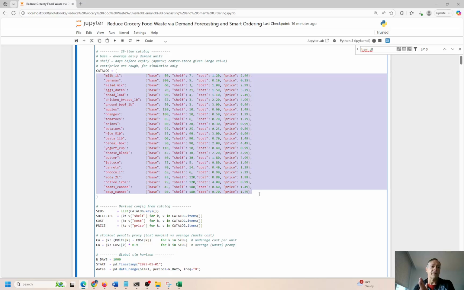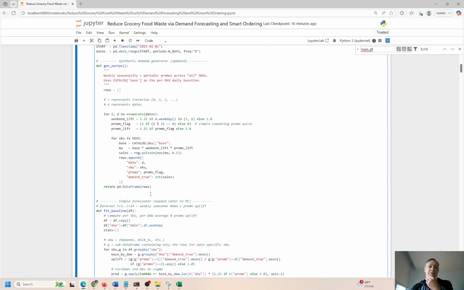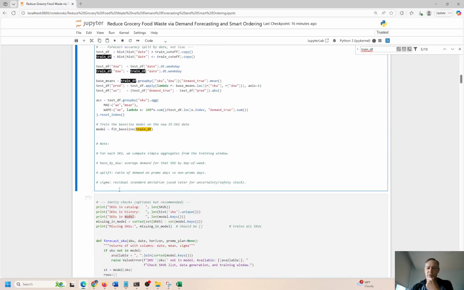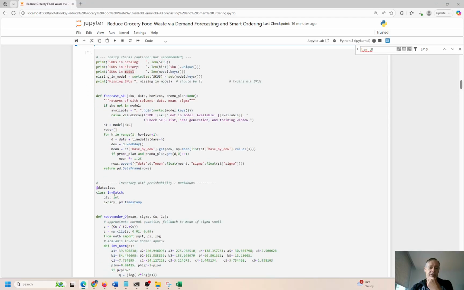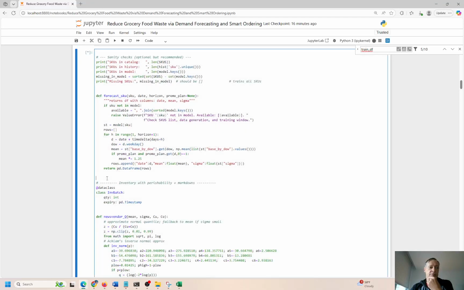But of course, this is not comprehensive. The full grocery store list would be way bigger than 25 items, unless you are in some kind of weird grocery store that specializes on some niche product or something like that.